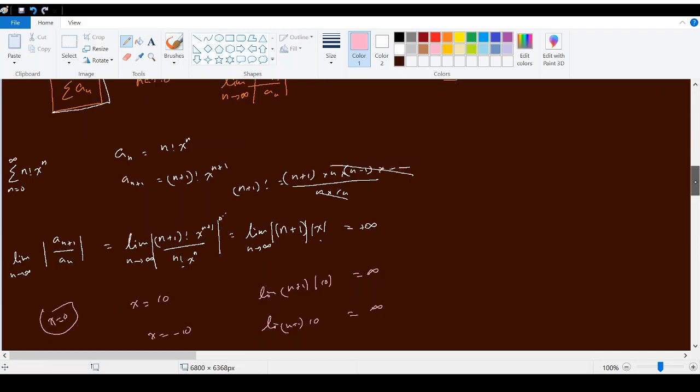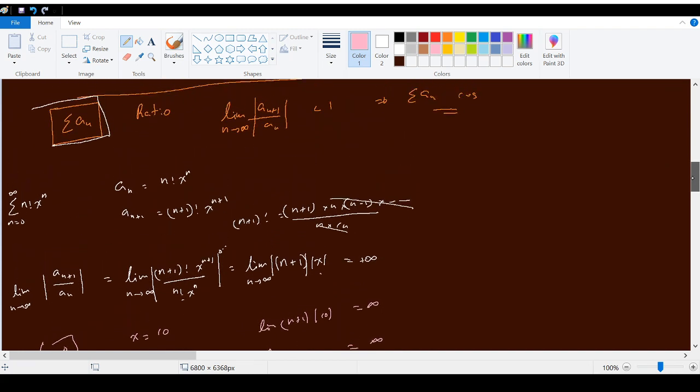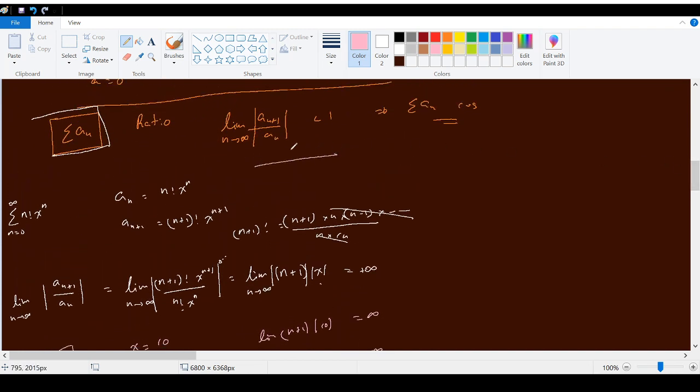So the ratio test says that the limit is greater than 1. In other words, the series diverges.